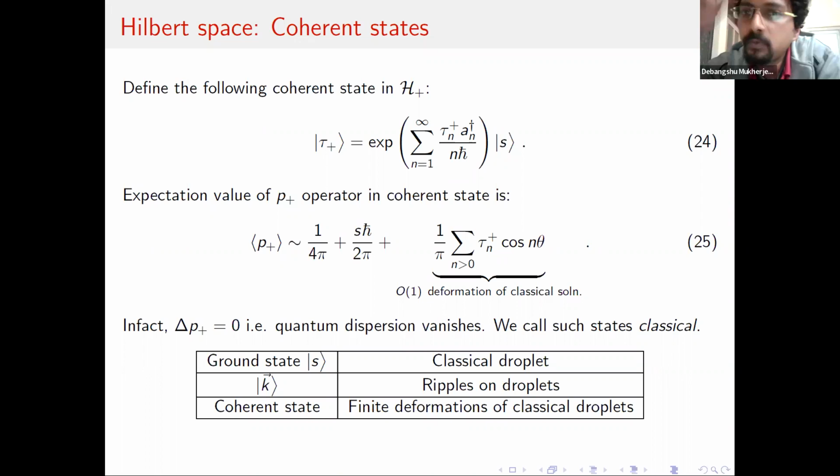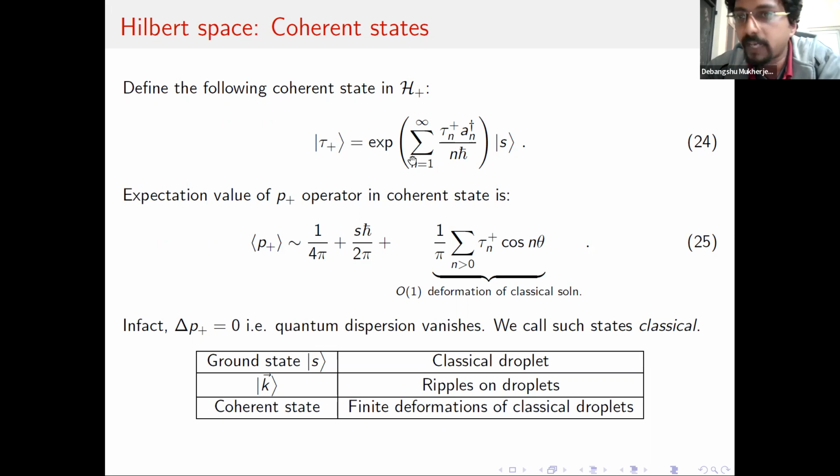We checked all of these things, and I can assure you the states tau plus are well defined for all the tau n plus, and we did check all the inner products, etc. Here I am being a bit sloppy, but there are normalization factors also sitting in all the states.